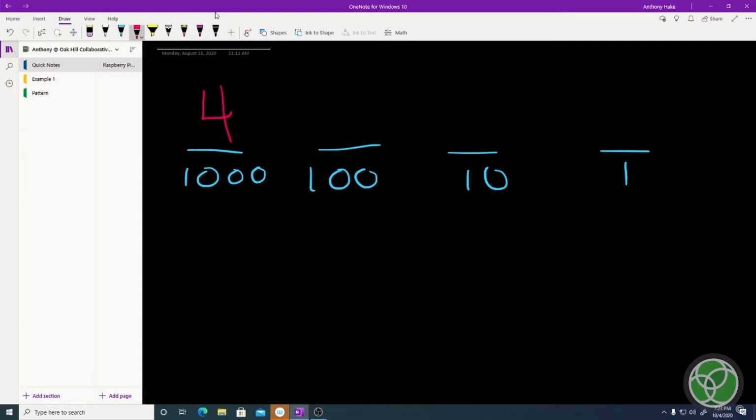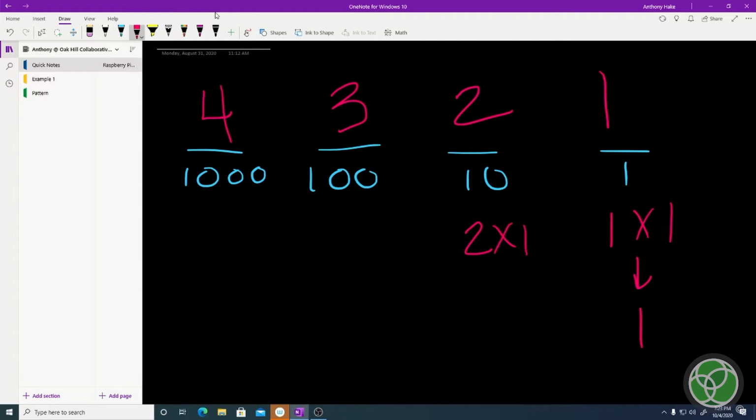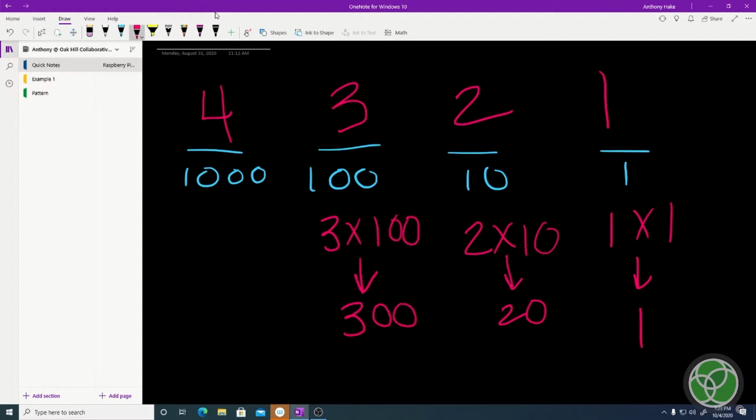I'm choosing 4, 3, 2, 1. So we're going to start in the ones place. 1 times 1 is 1. 2 times 10, the tens place, is 20. 3 times 100 is 300. And 4 times 1,000 is 4,000.